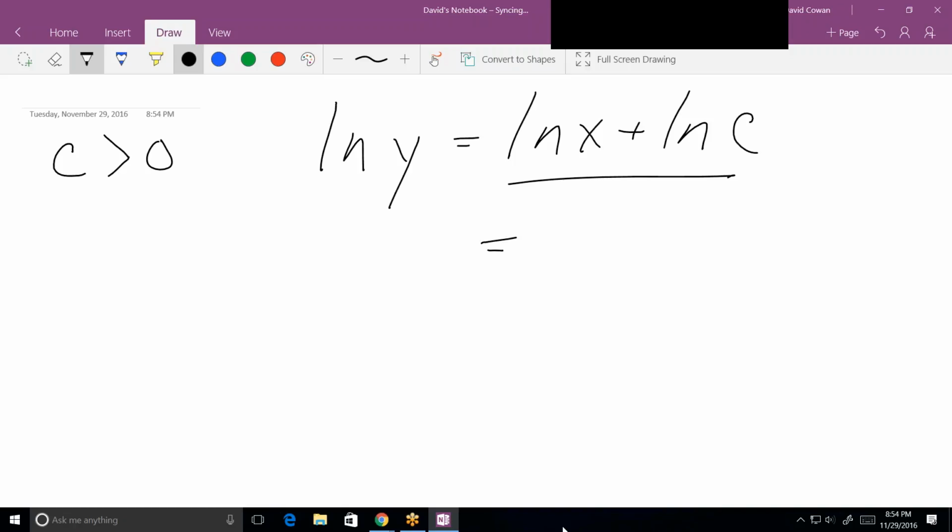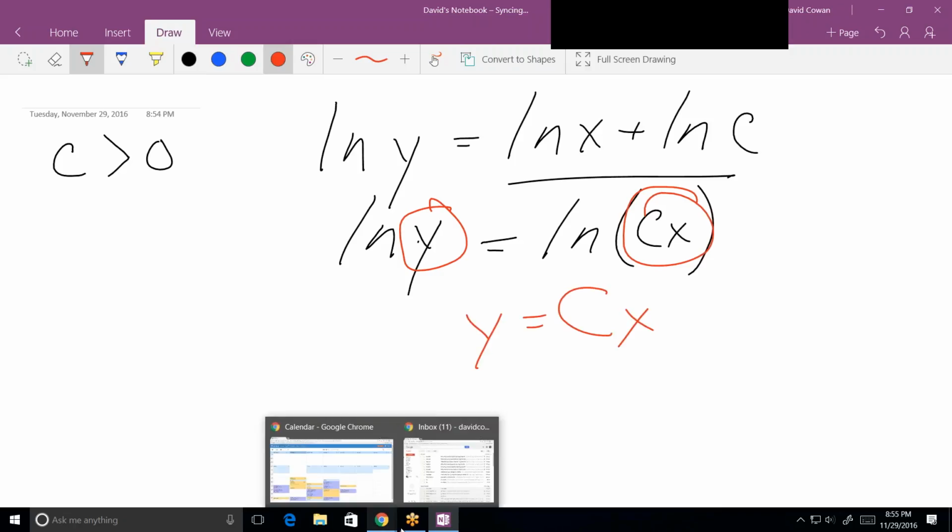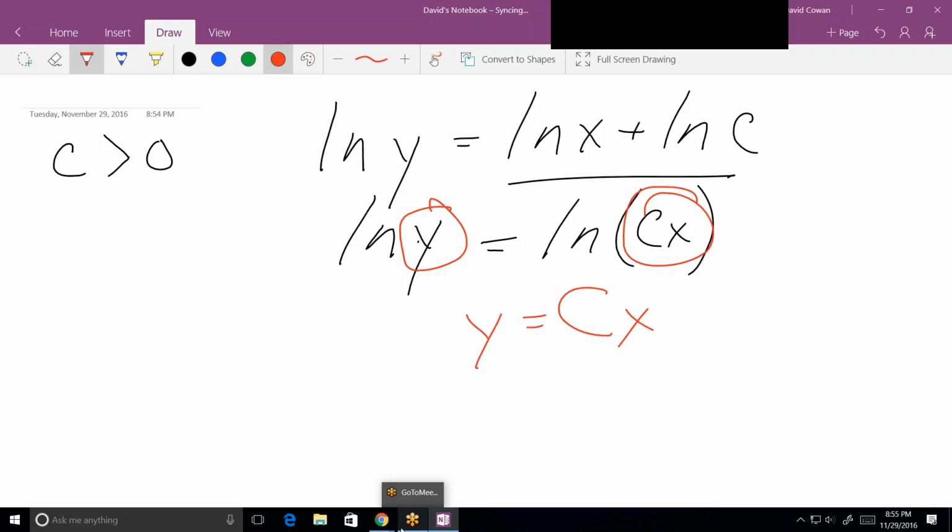Natural log of x times c. Put the c because it's a constant. And if that's equal to that, now I can equate arguments. In other words, y has to equal cx.